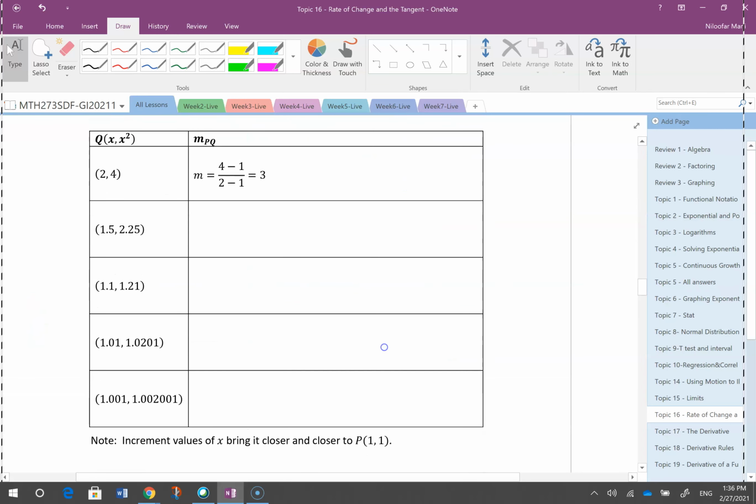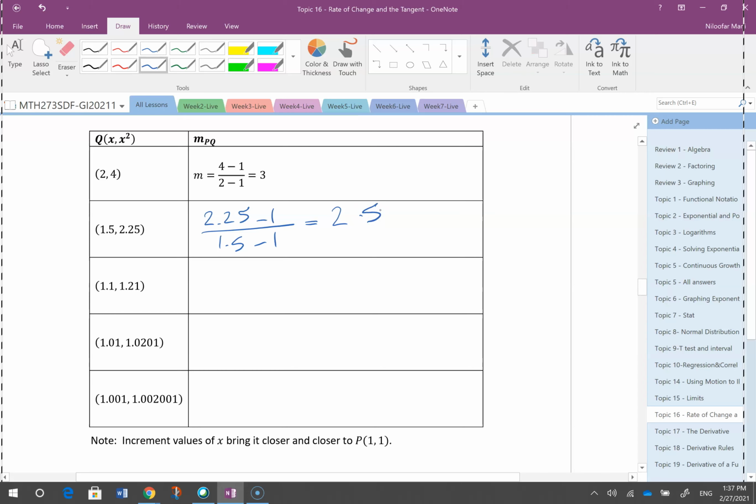I approach my point towards 1. So instead of 2 and 4, I move to 1.5, and I just have y here. So the slope is 2.25 minus 1 over 1.5 minus 1, which is 2.5.